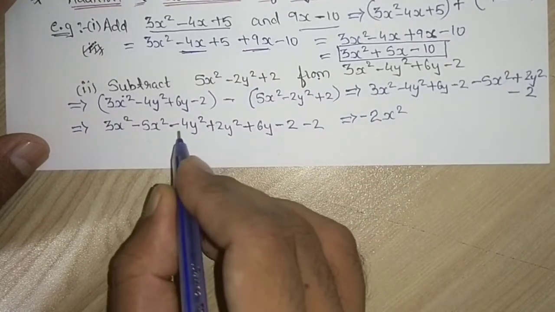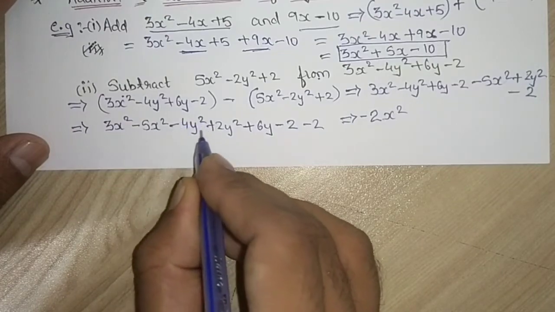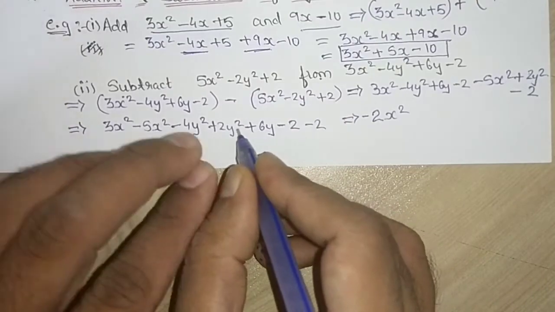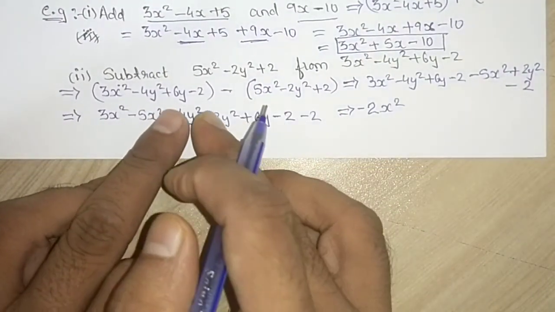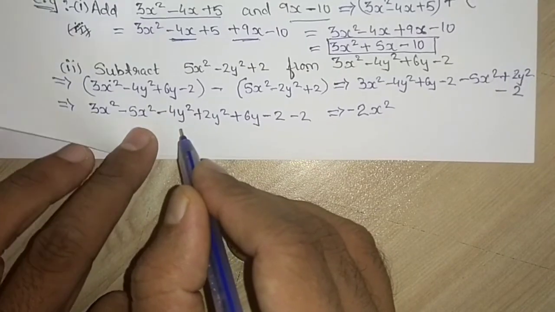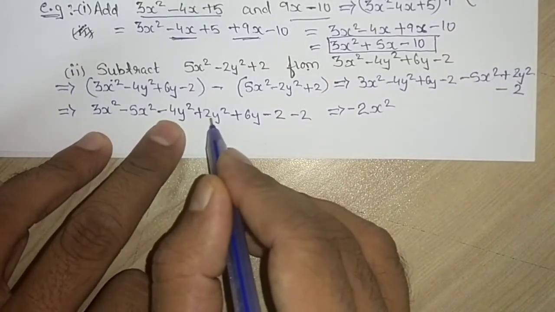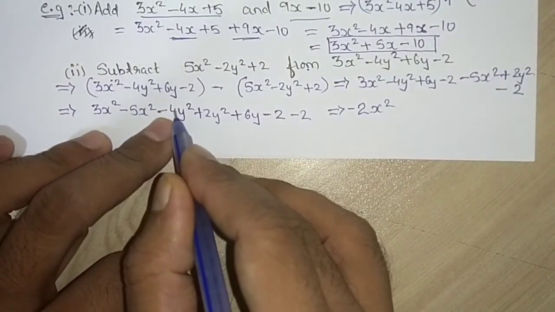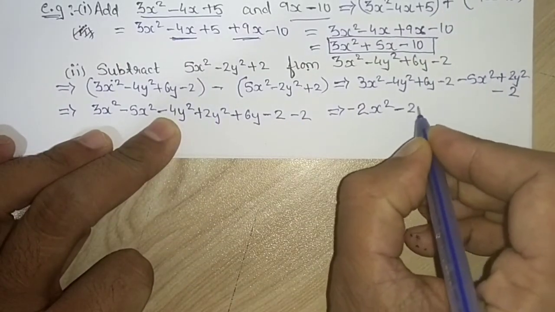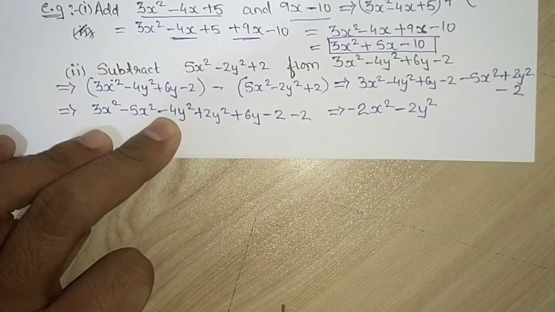Then minus 4y square plus 2y square. Ignore the positive and negative sign, so I am left with minus 2y square.